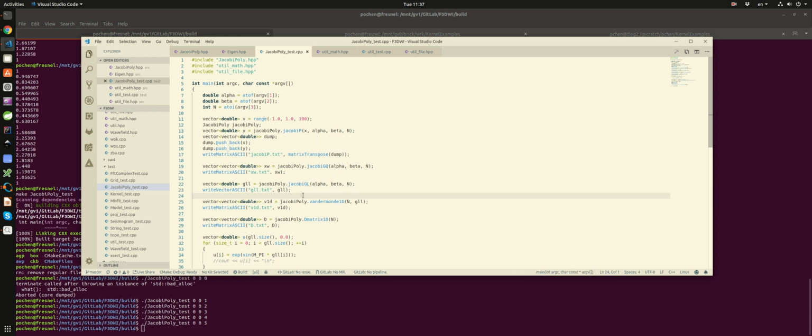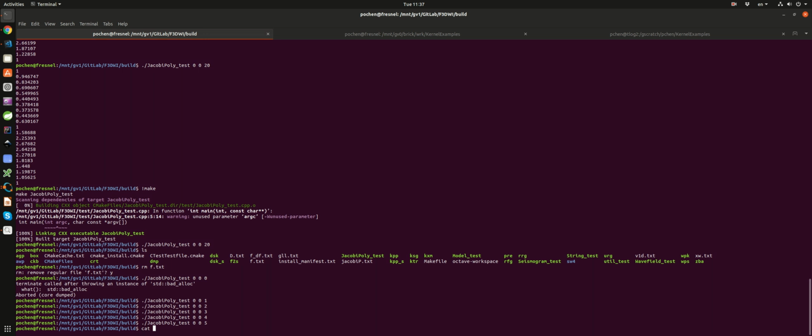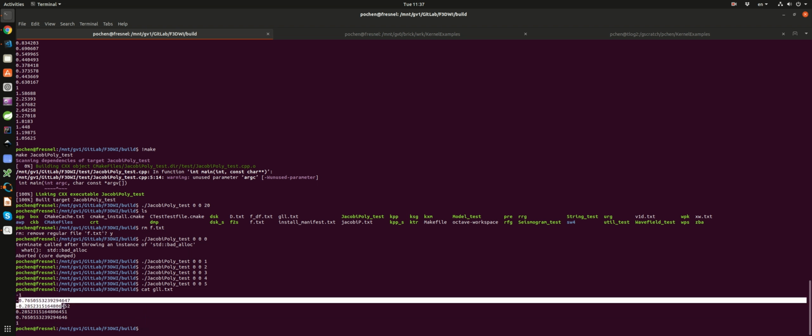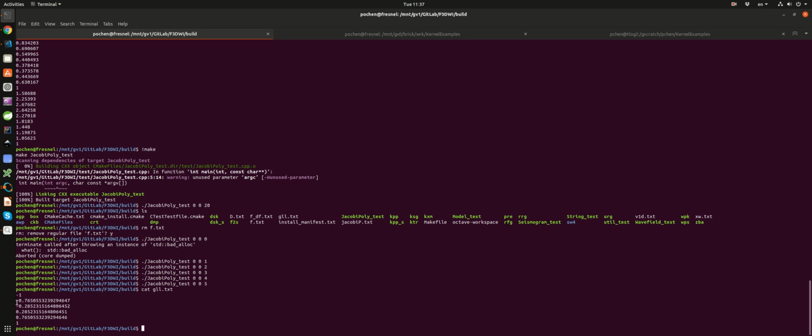If you look at the GLL points, -1 and 1, the two endpoints of the interval, are included in the sampling points, and the distribution of the sampling points is uneven. It's not a uniform distribution over the sampling interval.